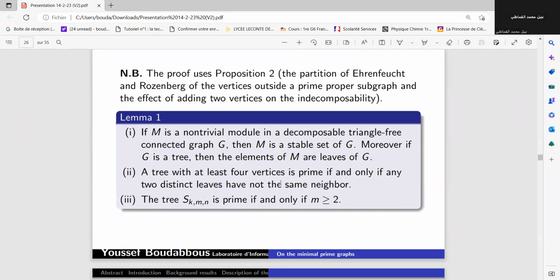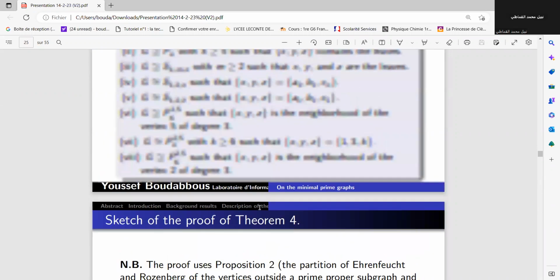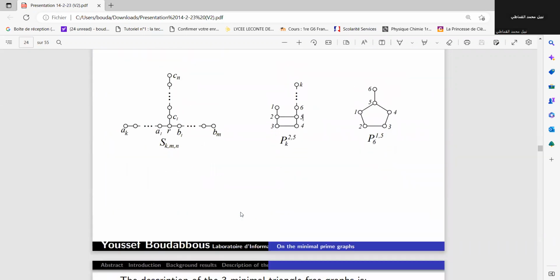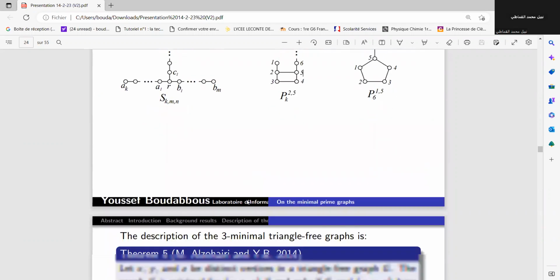A tree with at least 4 vertices is prime if and only if any 2 leaves do not have the same neighbor, the same father. Okay? And SKMN, this graph, is prime if and only if M is greater than or equal to 2. Here K is less than or equal to M, M less than or equal to M.